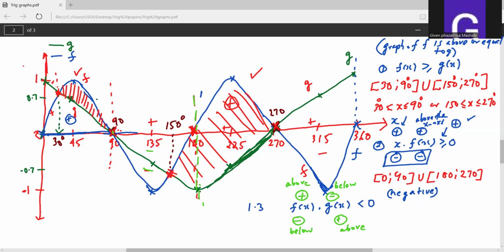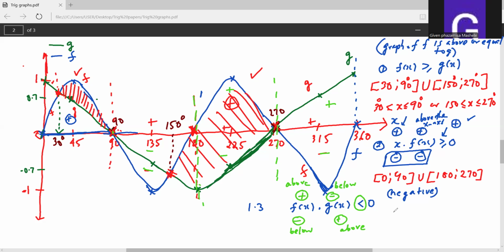Look from 180 up until, let's say, 270: you see that one is positive and the other one is negative. The same applies from 270 to 360. One is positive and the other one is negative. But because there's no equal sign here, we have to exclude where they are actually equal. We can write the answer in two ways.